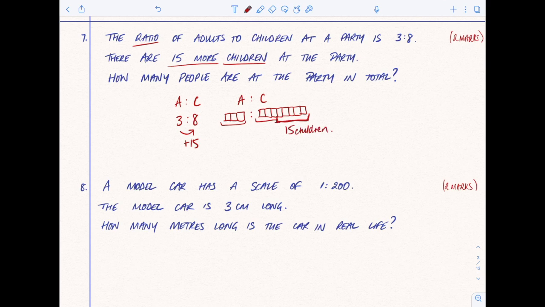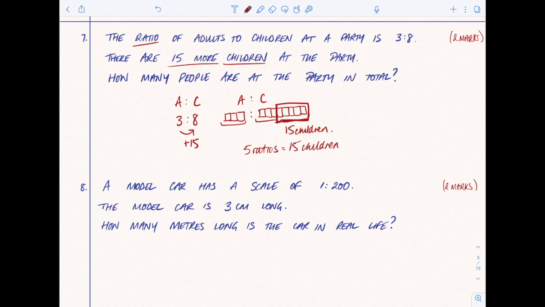Because it's an additional. It says there are 15 more children at the party than adults. So what I'm effectively saying is this many boxes is equal to 15 children. Well, the difference between 3 and 8 is 5, and you can see I've got 5 boxes there. So you could say 5 ratios or 5 boxes is equal to 15 children then.